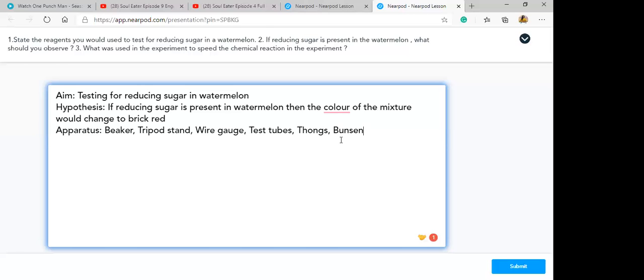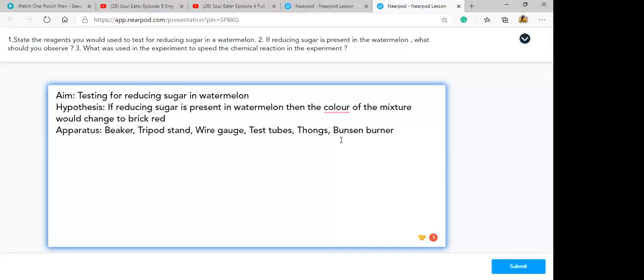The next class, I'm not listening for you. You listen for yourself. The only reason I'm helping you is because you have mentioned the main thing. You know the reagent that you would use, the Benedict's solution, and you also know the outcome of the test. So that is the key.